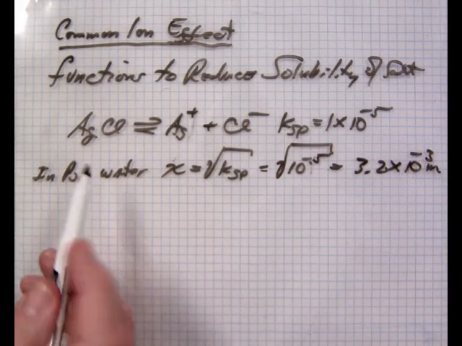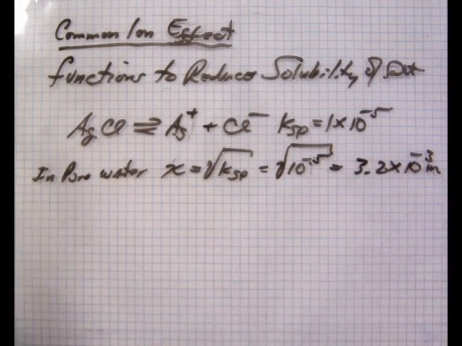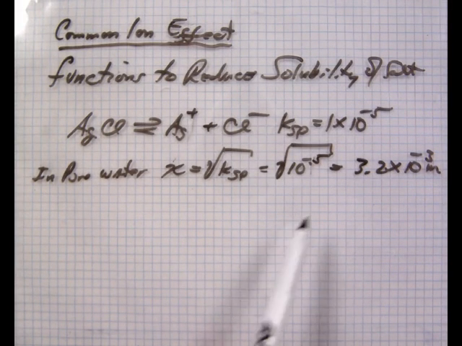Okay, so we'll have 3.2 times 10 to the minus 3 mole of silver chloride delivering ions into solution. Anything over that isn't doing anything. It's just laying there.